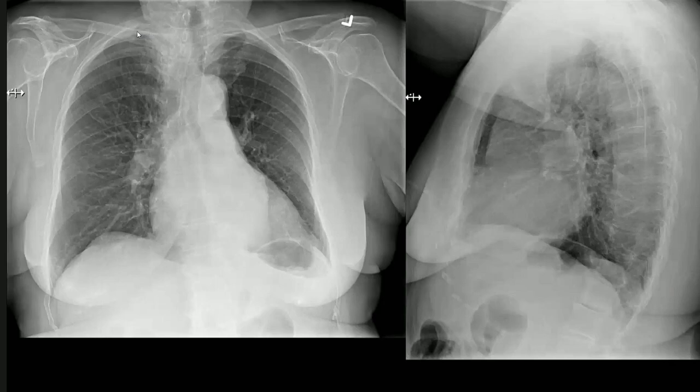So I can see a lucency over here. Sir, if this is a young female, it may be anterior mediastinal because of the location. I'm thinking of an anterior mediastinal lesion with such mass effect on the trachea.